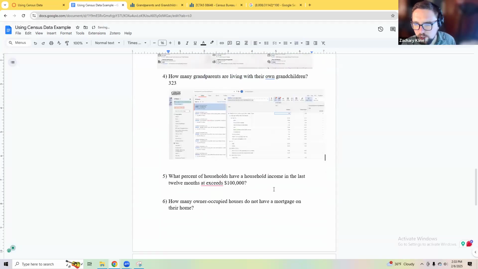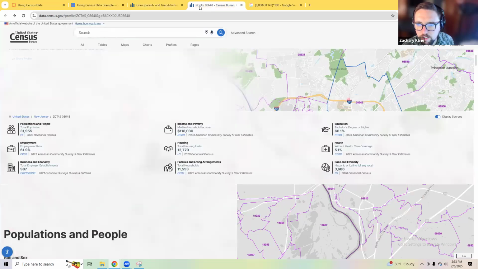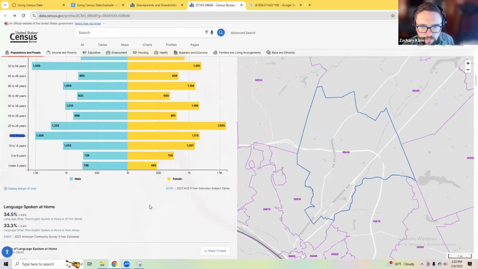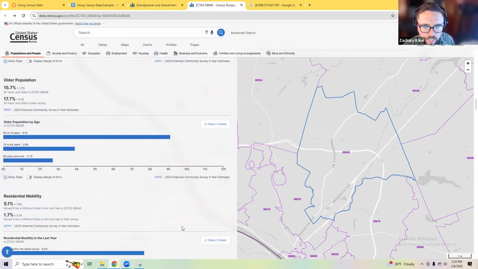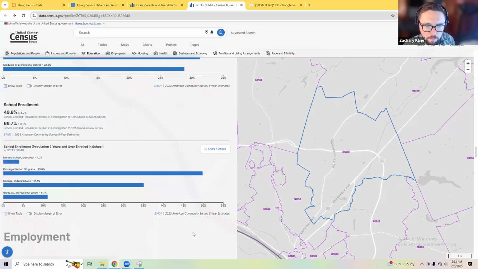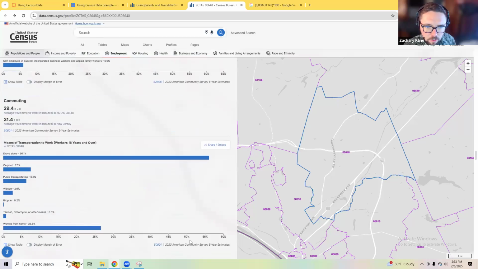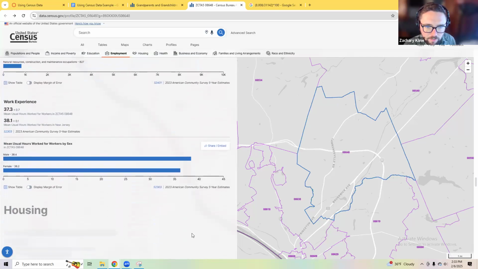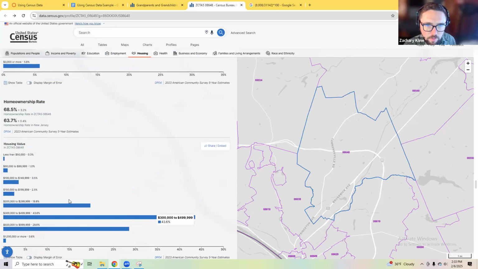What percent of households have an income in the last 12 months that exceeds $100,000? I believe we saw an income distribution where it wasn't just average income or median income, but it showed what percent of households make income in various categories. Here we go.